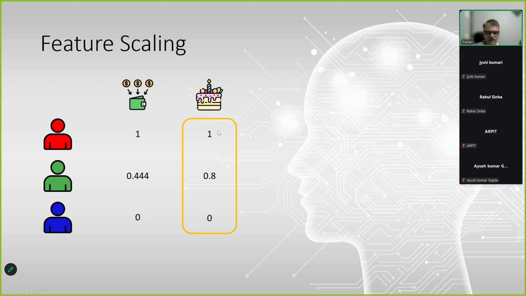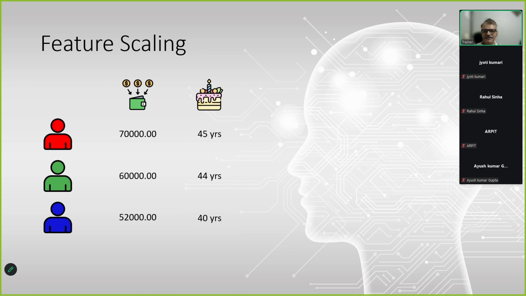Correct? So it is very clear from this that the green is closer to this one. So that's a quick, very simplistic, but illustrative example of feature scaling.